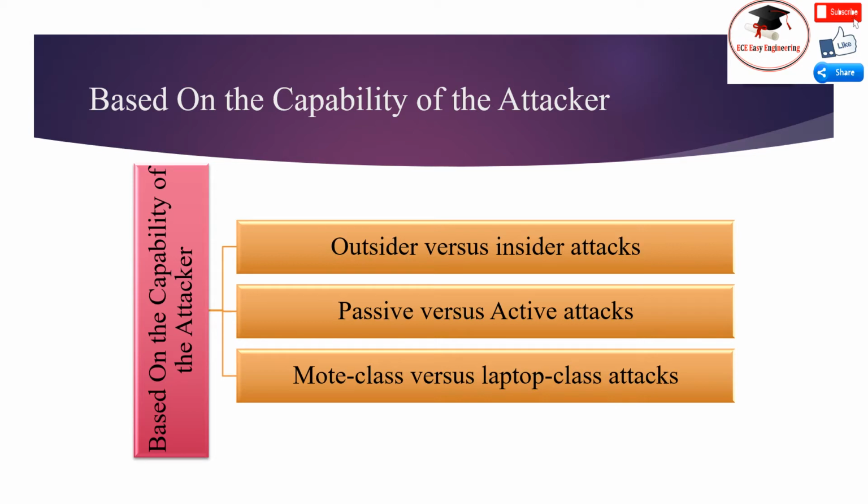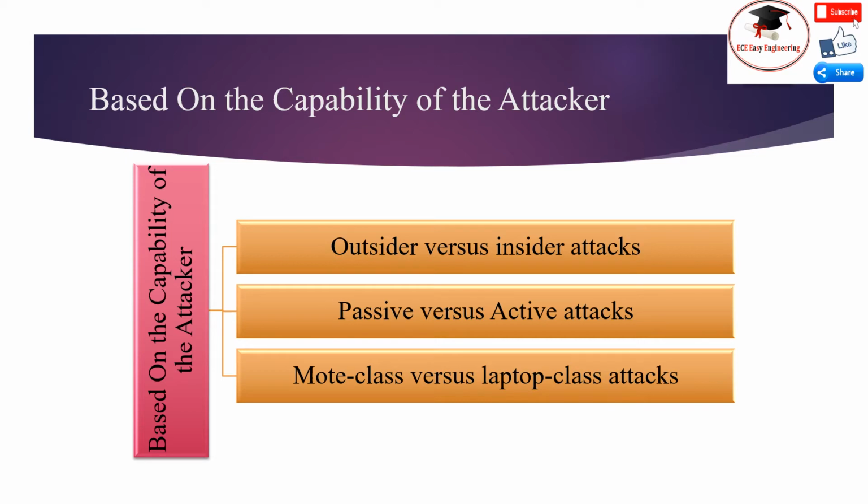Based on the capability of the attacker, it is classified into outsider versus insider or node compromise attack. The outsider attacks are defined as attacks from nodes which do not belong to a wireless sensor network. Insider attacks occur when legitimate nodes of a WSN behave in an unintended or unauthorized way.